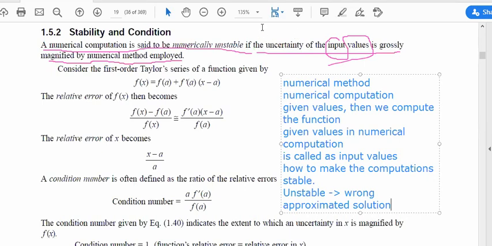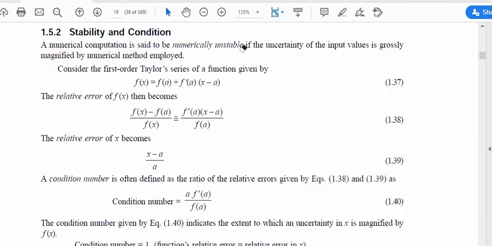Where is the eraser? I am just removing. Given by this, f(x) is equal to f(a) plus f prime, or f dash, of a, which is read as f prime a or f dash a; both prime and dash are read. f prime a into (x minus a). The relative error of f(x) then becomes (f(x) minus f(a)) upon f(x).